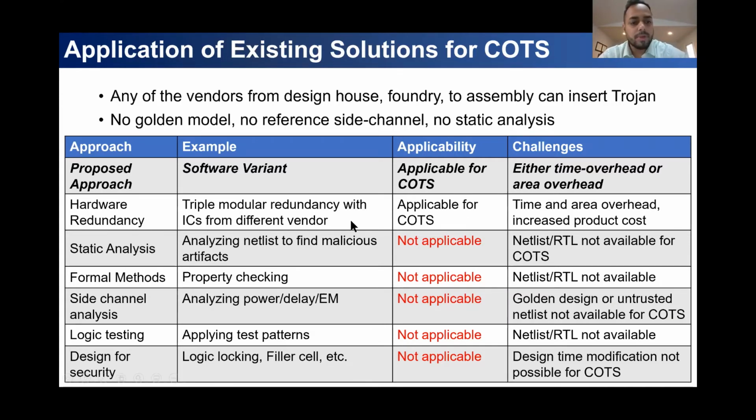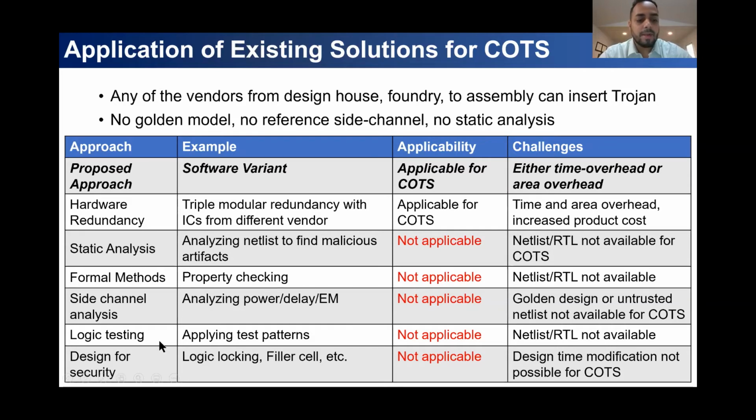If we start from the very bottom of this table, design for security solutions like logic locking and filler cells are often proposed for preventing hardware Trojan insertion. But for COTS, you cannot apply these techniques because you do not have any access to the design stage when you are buying COTS, right? These are only applicable if you are designing the IC or have some access to the design stage.